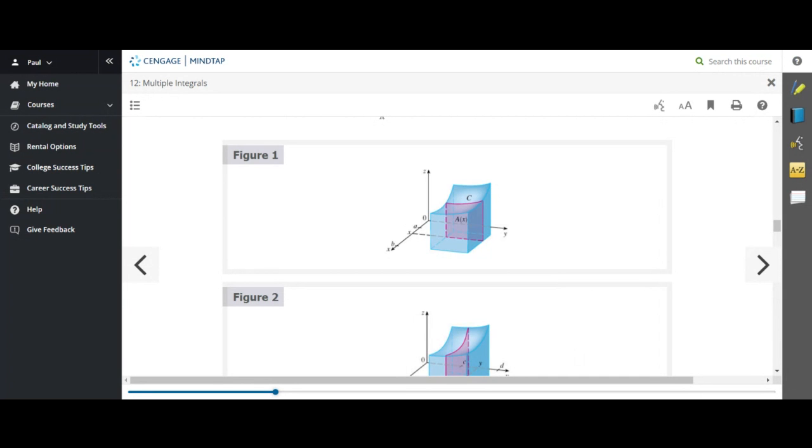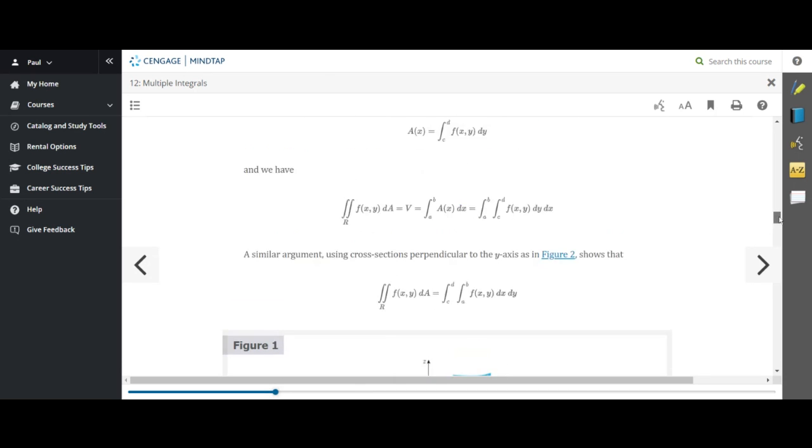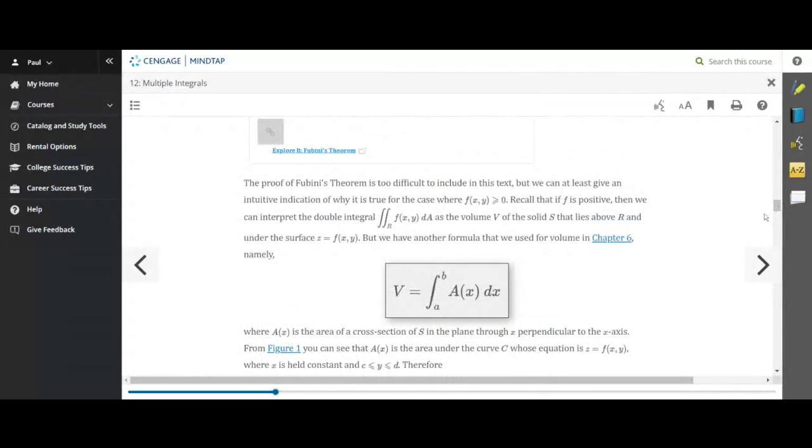When they talked about finding volumes of solids, like discs and so forth, one of the things they said is that if you want to find the volume underneath the solid in Figure 1, and notice the limits on x go from a to b, the volume would be the integral from a to b of A of x dx.